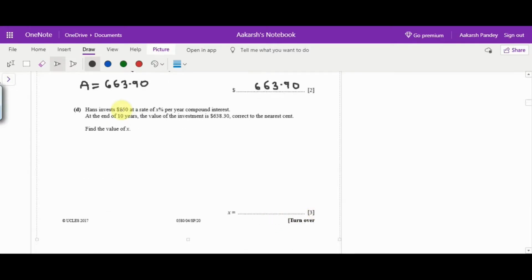Now Hans is investing $550 again at a rate of interest X, compound interest, and at the end of 10 years this is the value.